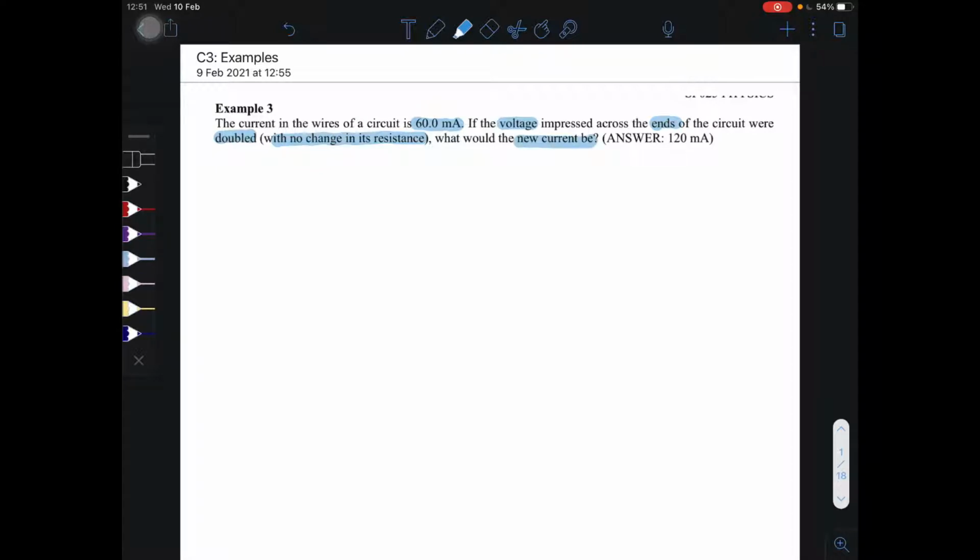Okay, so now we have a current here of 60 milliampere, and then it tells us that at the end the voltage is doubled. So meaning that initially the voltage is just 1 V, and then at the end the voltage will be double.